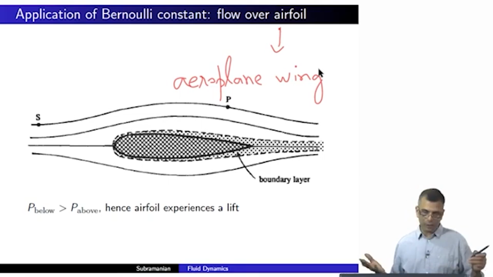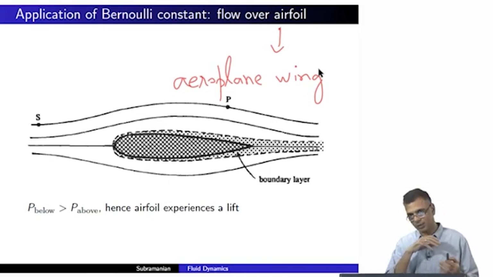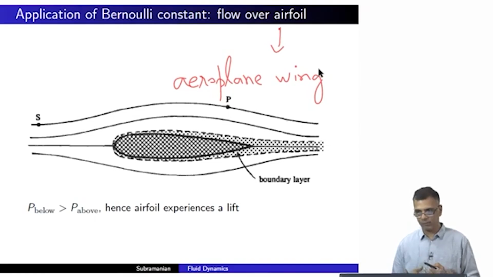Okay, this is the fundamental principle around which aeroplanes are designed, and this is a rather simplistic way of explaining. If you really want to explain it properly, you have to take resort to what's called the Kutta-Joukowski theorem, but we won't bother about those details at the minute. And it turns out that we can invoke the Bernoulli constant to show this.